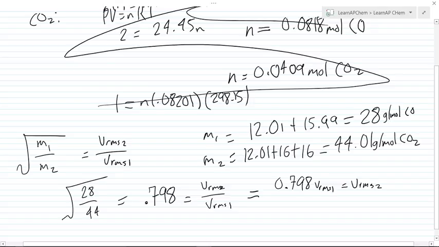And so from here we can say that VRMS2 is bigger, so the root mean square speed of carbon dioxide is higher than that of carbon monoxide. Okay, so hopefully that made sense to you. I apologize for the earlier confusion.